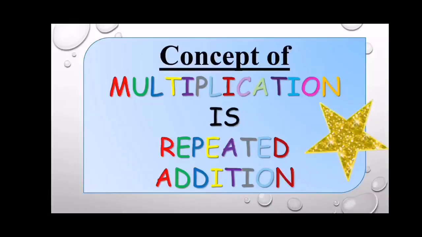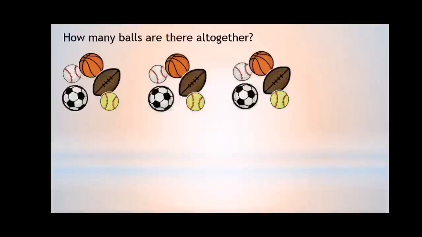Concept of multiplication is repeated addition. Now here is a picture shown, and the question is, how many balls are there altogether? That means we need to find the total of these balls. So let's start adding them.